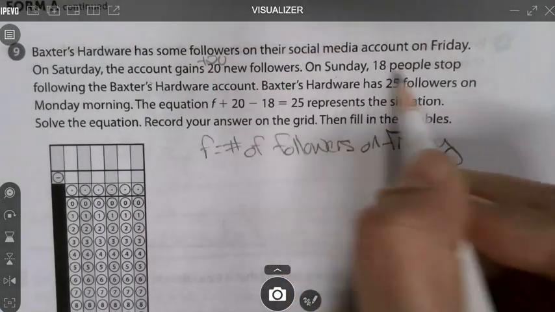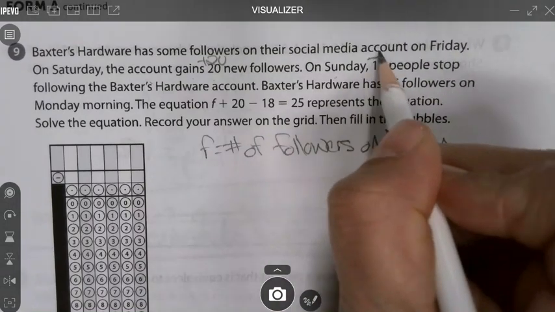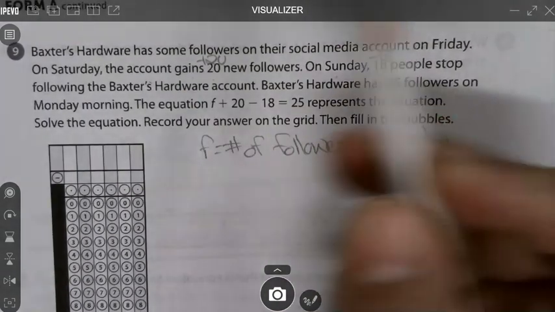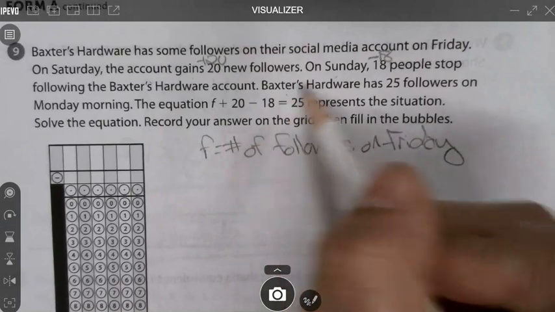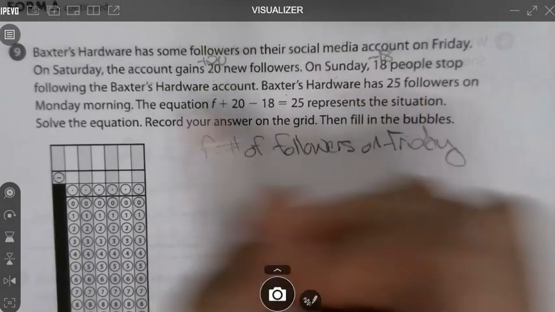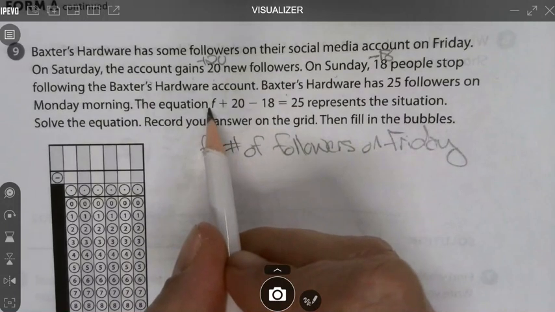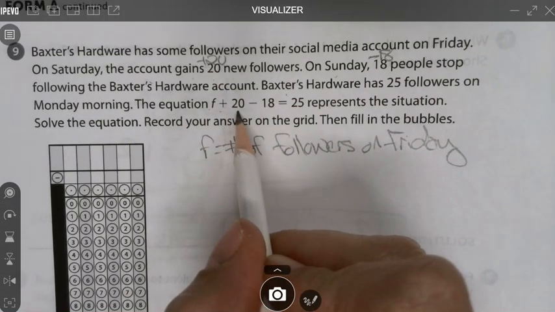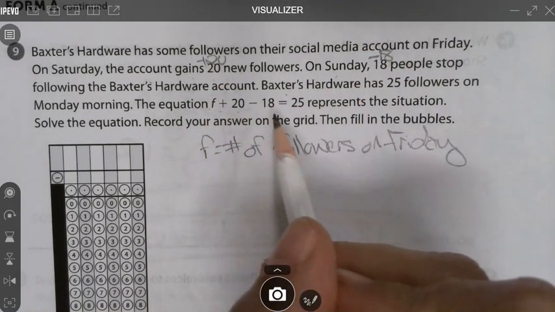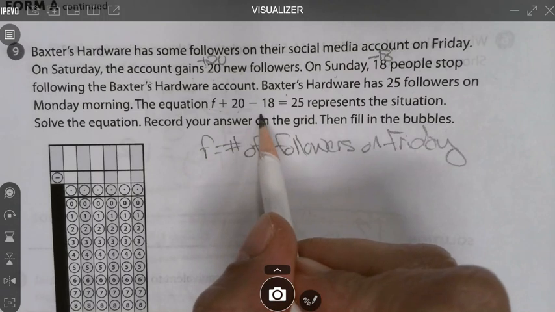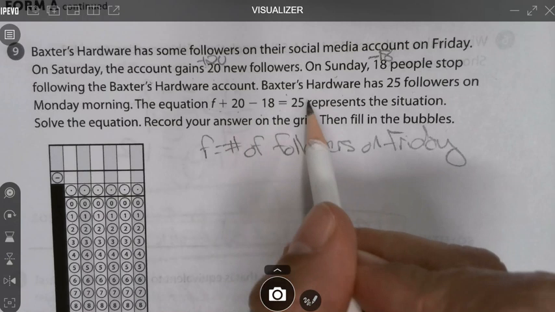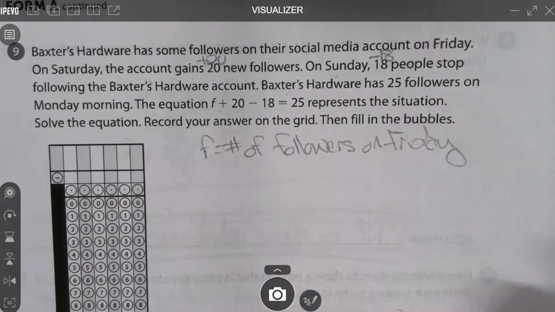On Sunday, 18 people stopped following, so that would be a minus 18. Baxter's Hardware has 25 followers on Monday. The equation is, okay, so here's Friday plus the 20 new followers minus the 18 that stopped following them on Saturday, but on Monday he has 25 and no other activity happened.